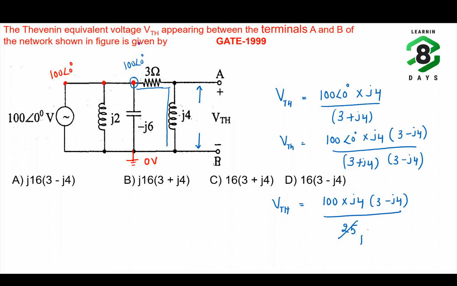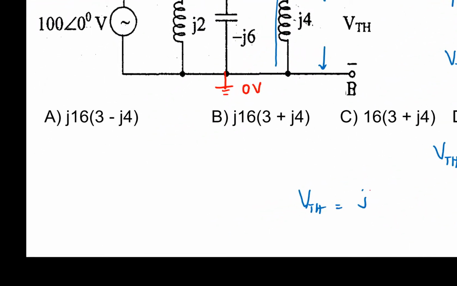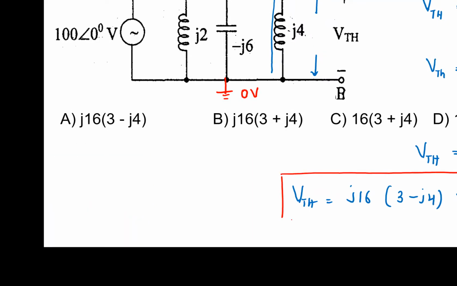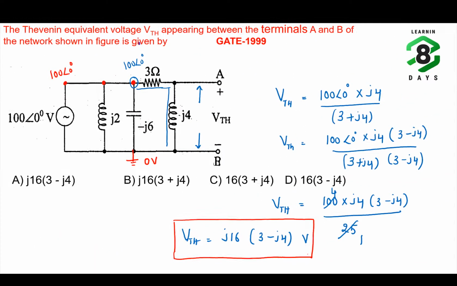So your VTH will become J16 into (3 minus J4) volts. So he is simply testing whether you know the voltage division rule or not in this example. So option A is the right option.